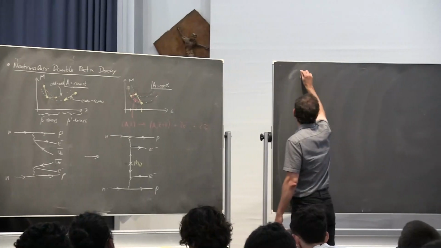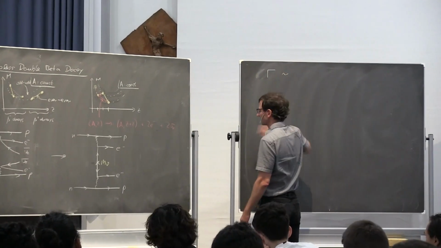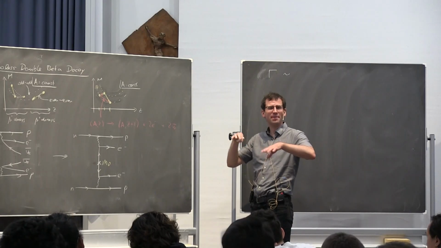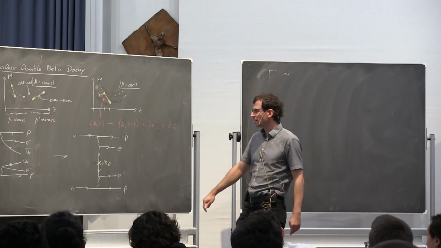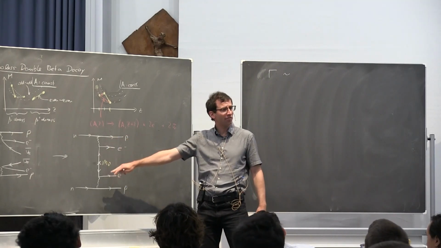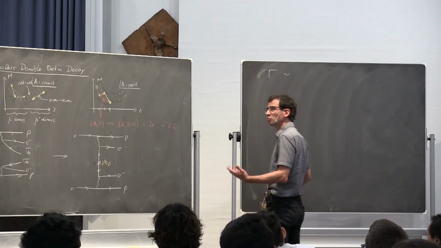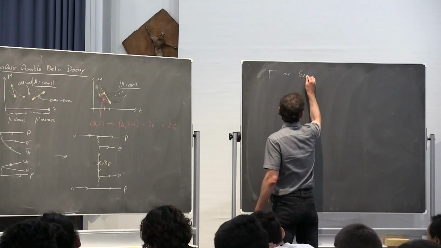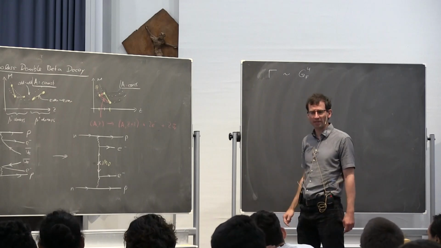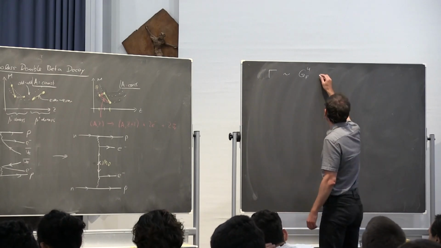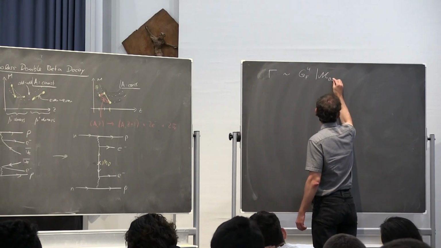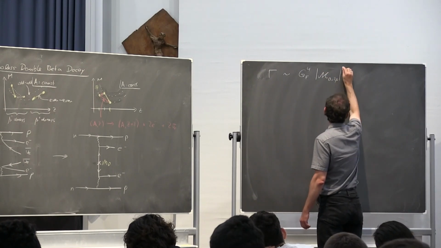So if you write down the rate for this process, then very rough, very hand-wavy, very dimensional analysis like, this process is going to be suppressed by 4 powers of the Fermi constant, 2 for each beta decay. So it's proportional to G_F to the 4th. That already means it's going to be a very small number. Then there is obviously going to be a nuclear matrix element squared, so M^{0ν2β} squared.